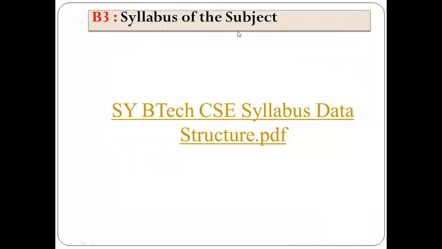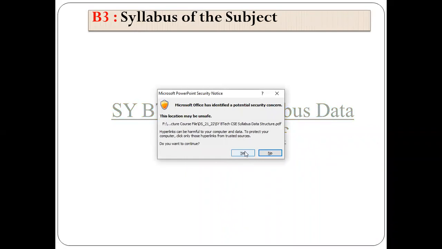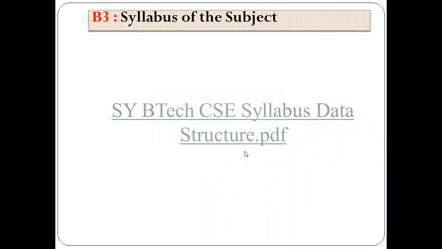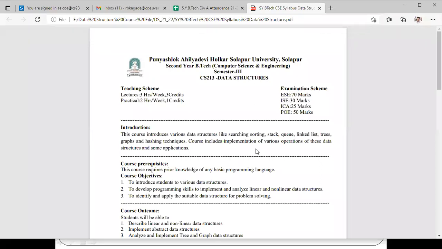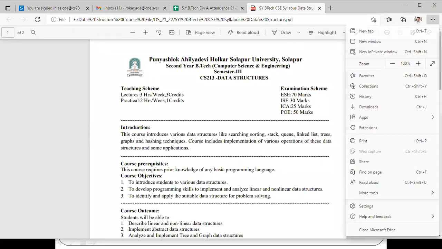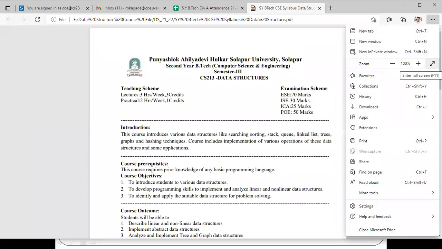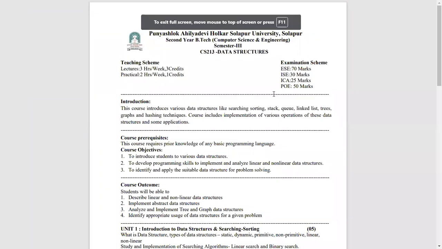Now we'll move to our subject, the syllabus of the subject. Is this PDF visible to all? Yes, sir.